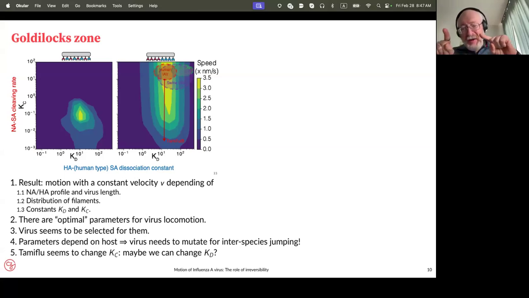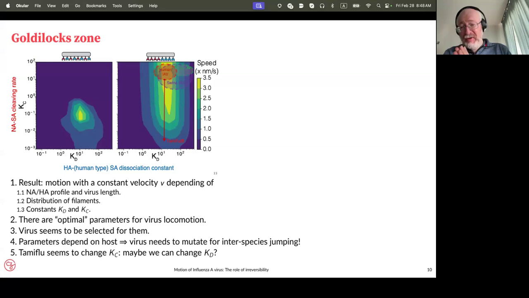It must change its parameters so it can now move in the mucociliary layer. And so what we think now is that one of the most important mutations, probably there are other mutations, but one of the most important mutations for the virus to jump between species is to change the constants of burning and binding and make it better for this environment.